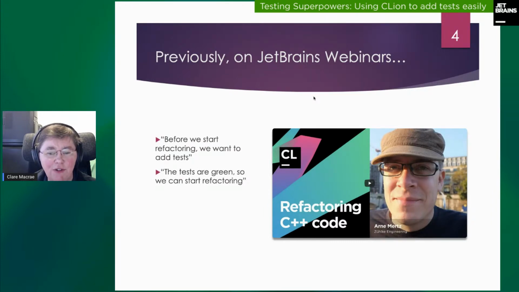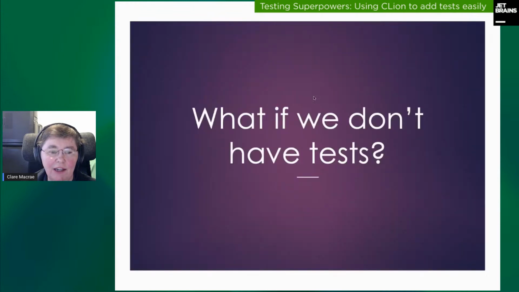About halfway through, somebody asked, what if we don't have tests? And Arne said it's a prerequisite for any refactoring. I thought that was a good prompt for a webinar on how you can add tests when you don't have any. So that's the high level goal of today's webinar: what to do if we don't have tests.